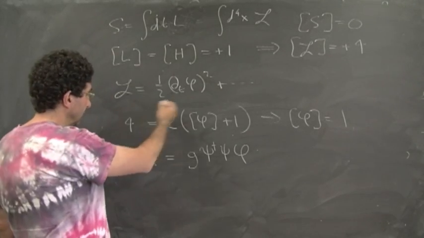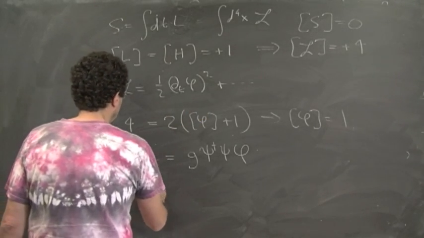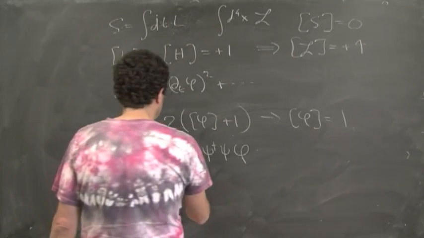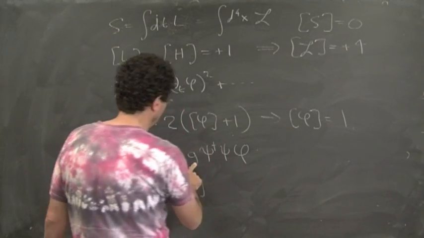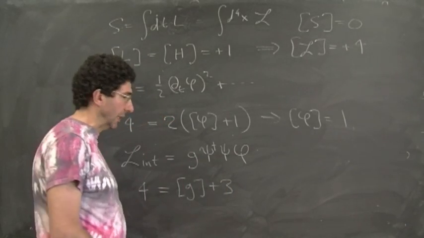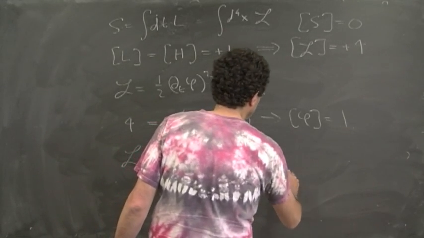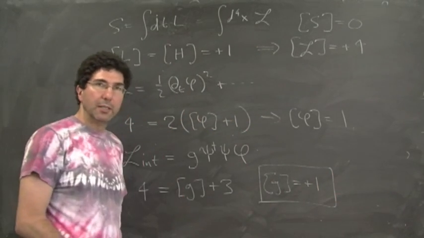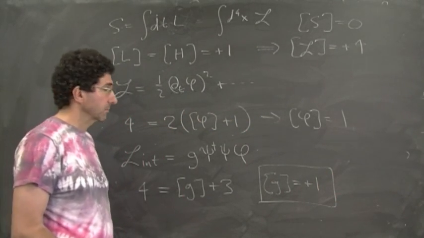So using the same logic as here, the interaction term, of course, also has to have dimension 4, and it has dimension g, whatever the dimension of g is, plus 3. 1, 2, 3, okay? So what we learn is g has dimension plus 1, it has positive mass dimension, it has dimensions of mass, okay?